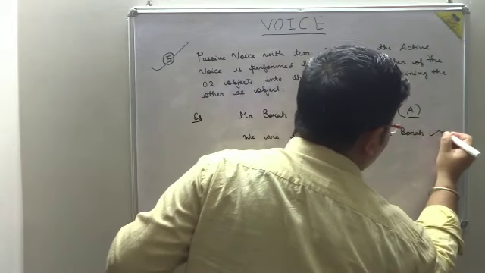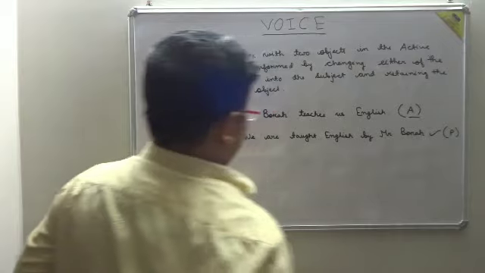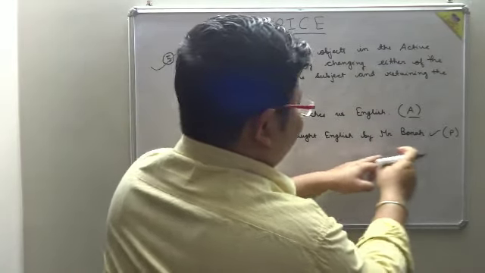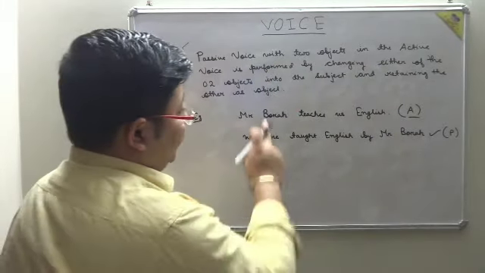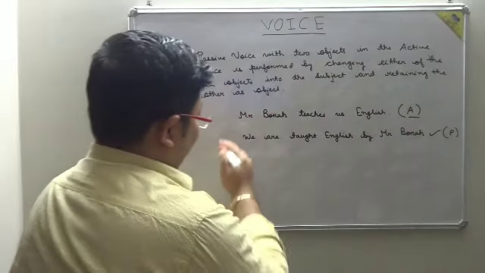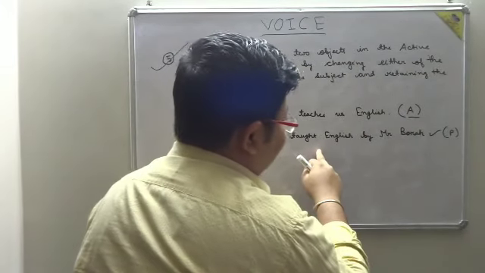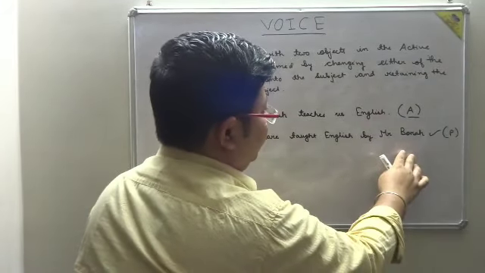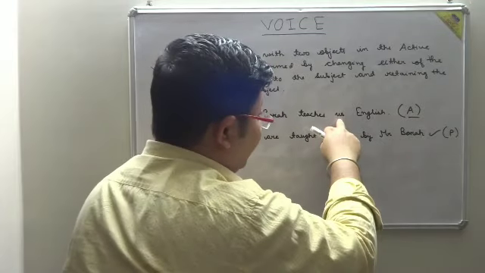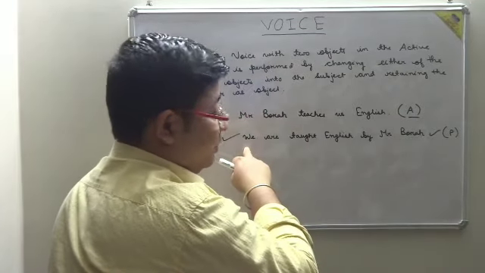This is a passive voice. Passive. We are taught English by Mr. Bora. Mr. Bora teaches us English. We are taught English by Mr. Bora. See, I have used we here.